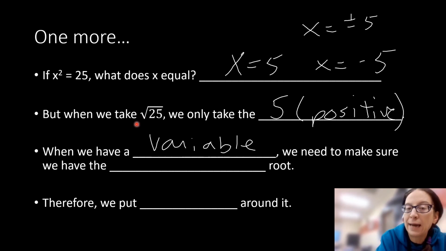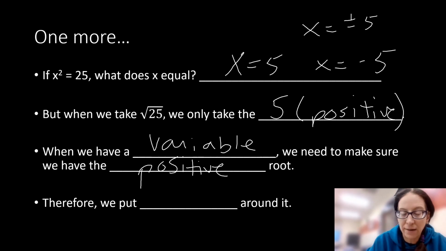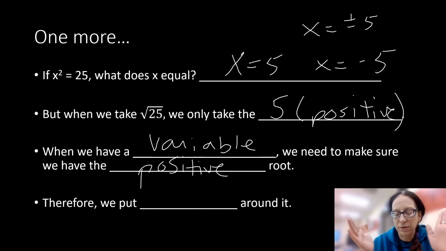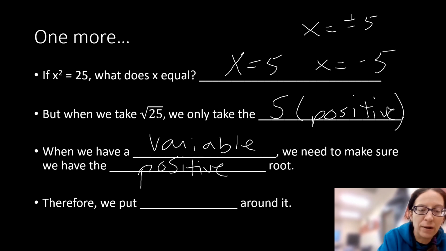But if you're taking the root or the radical of it, you need to make sure that you have the positive root, because that is how we take radicals. We go with the positive. Again, this really bothered me when I was in school. I was like, well, why do we even have to take it? Because that's what we do. Therefore, we have to put absolute value around it.